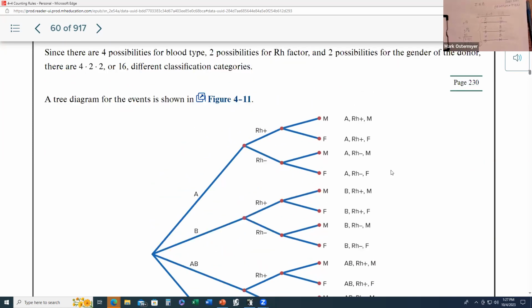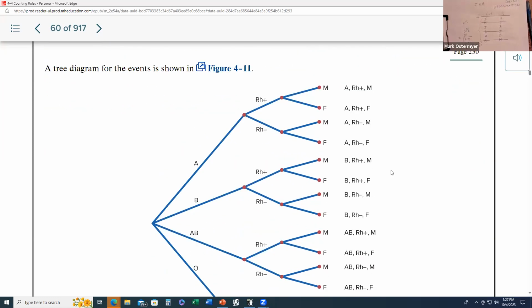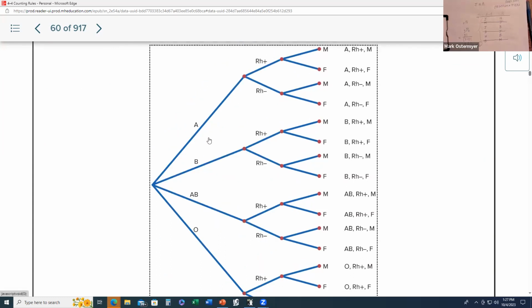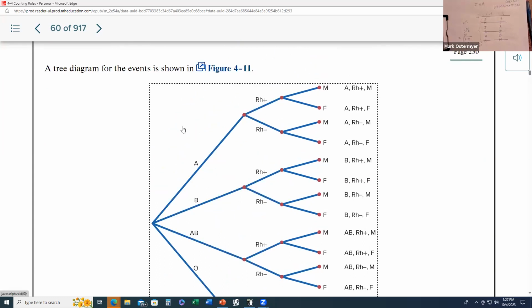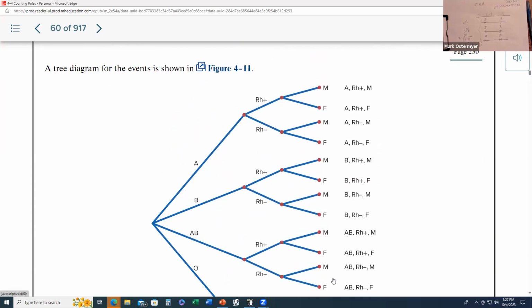Ladies and gentlemen, how many different ways do the blood types occur? There's 4 different ways for blood types, correct? A, B, AB, and O. So there's 4 ways of blood types occurring, times how many different ways can the rhesus factor occur? 2, Rh positive or Rh negative, times how many different ways are the genders possible?